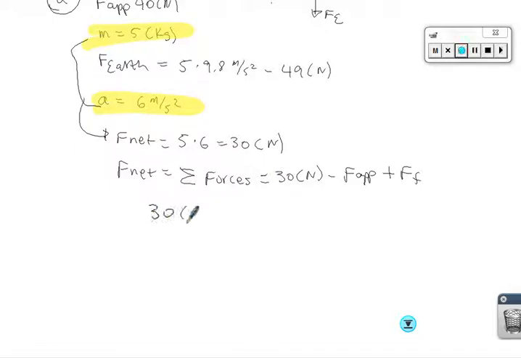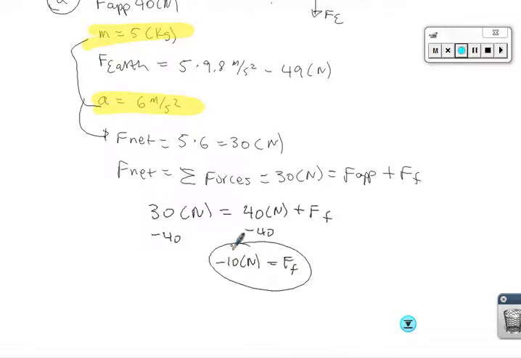So 30 newtons equals force applied, which was 40 newtons, plus force of friction. Subtract 40, and force of friction equals negative 10 newtons. That's part A.